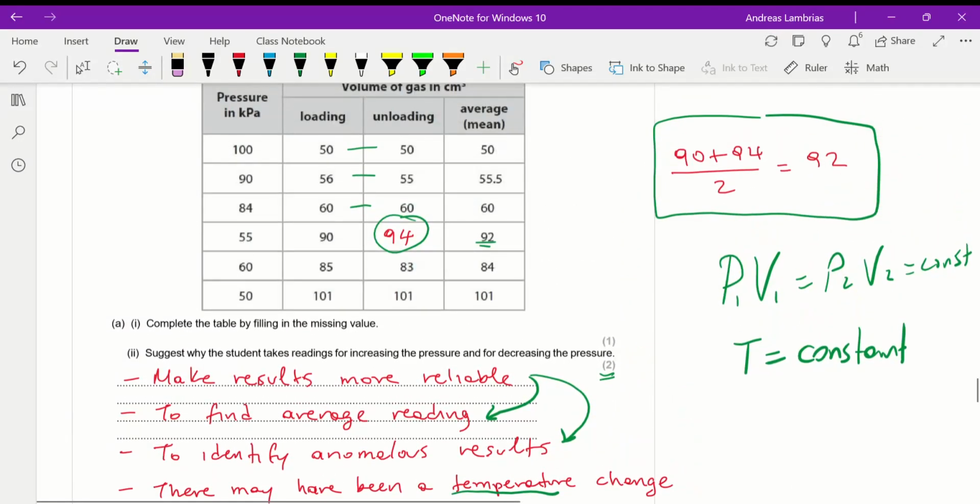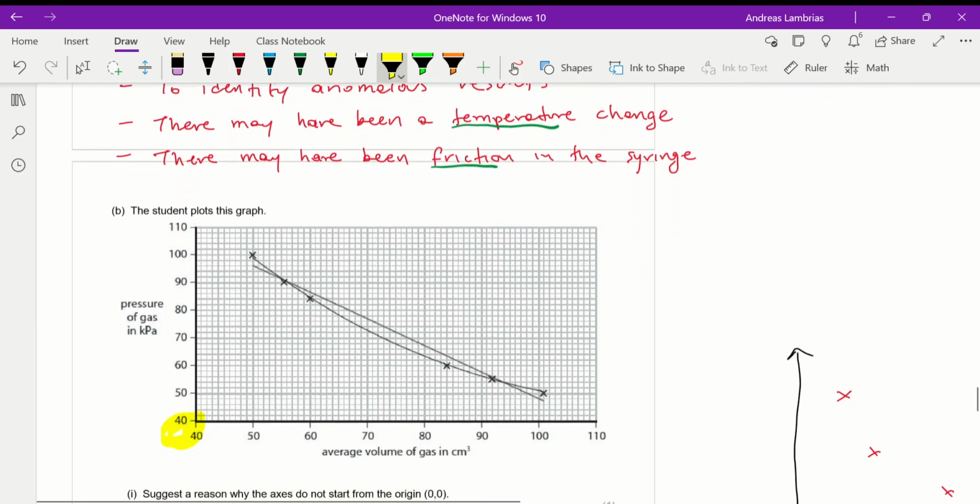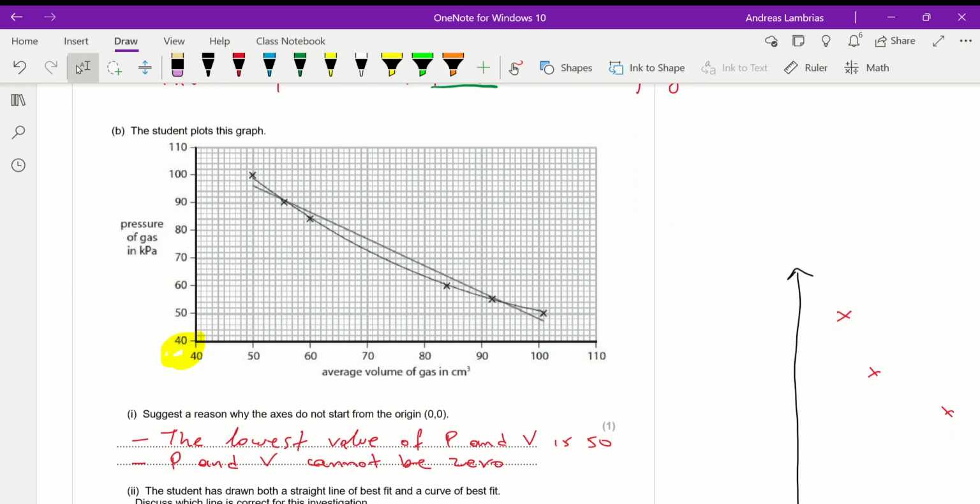If you see from the results here, the lowest value for pressure is 50, the lowest value for volume is also 50, so there are no values below that. So no need to include that part of the graph if there's not going to be any data on that.